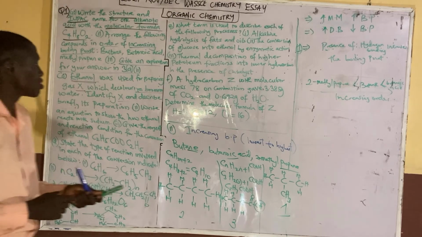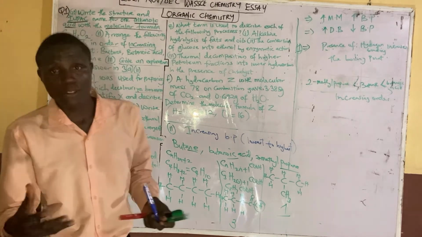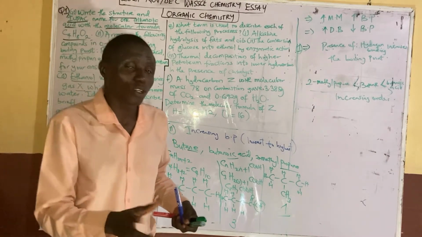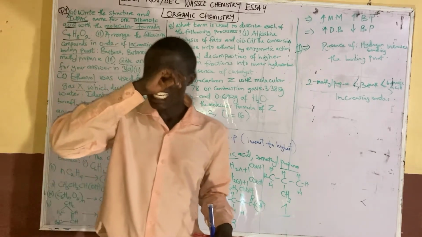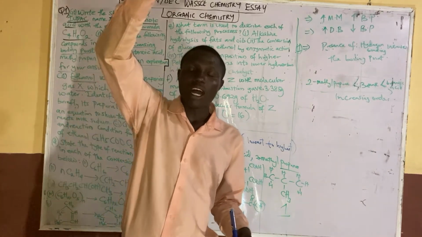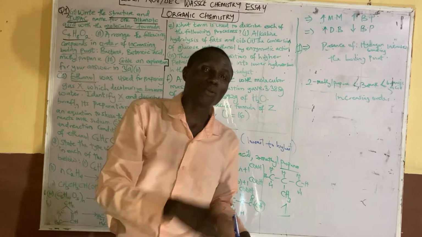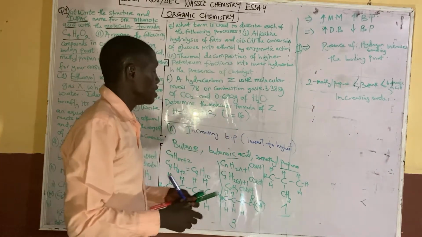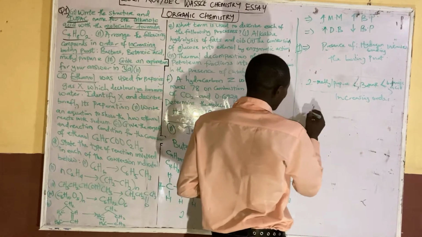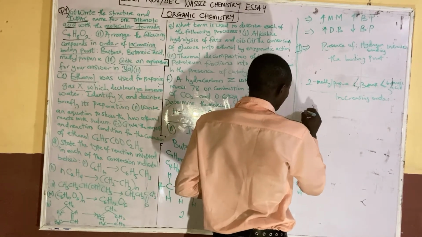Now, ethanol was used for preparing a particular gas X, and that gas decolorizes bromine water. And the only gas that can be obtained from ethanol and will decolorize bromine water is ethene gas.